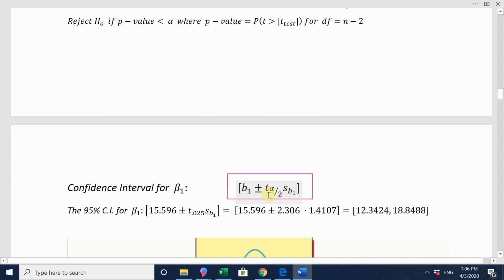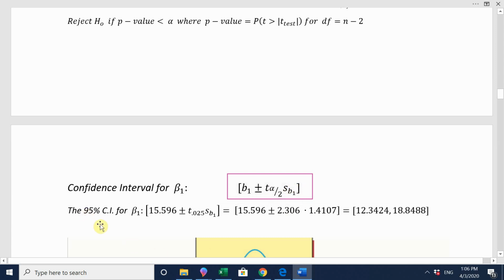Call this a margin of error. The margin of error is made up of a critical point, which is based on your level of confidence, and it is also based on your standard error for the estimated slope.